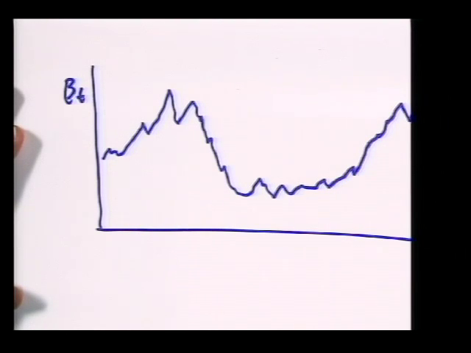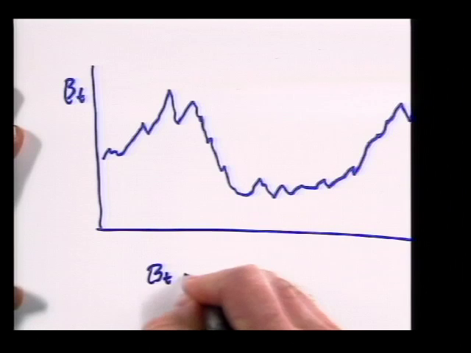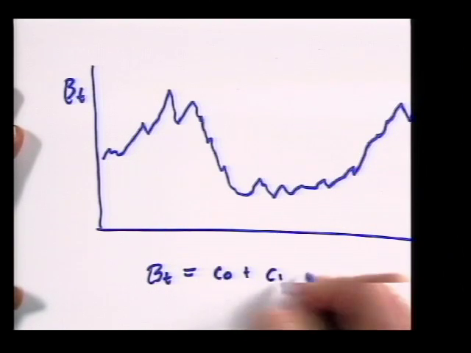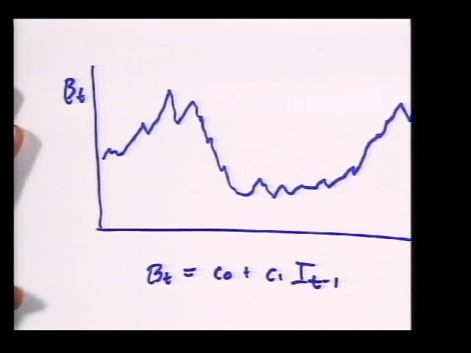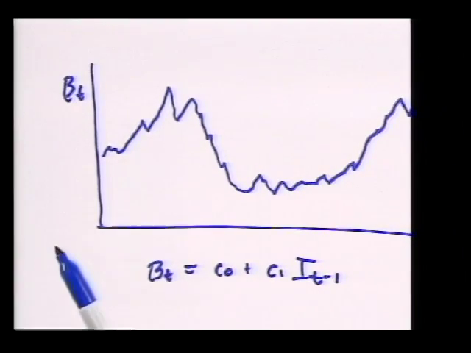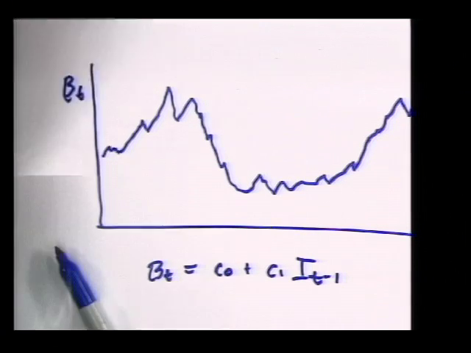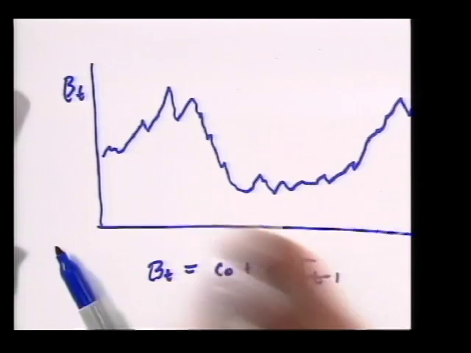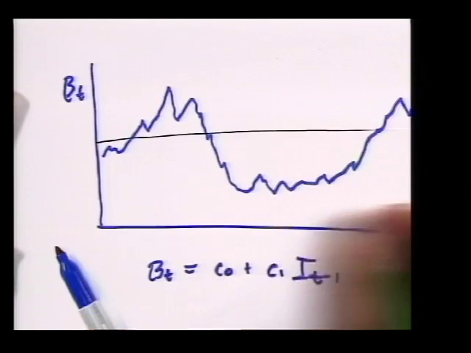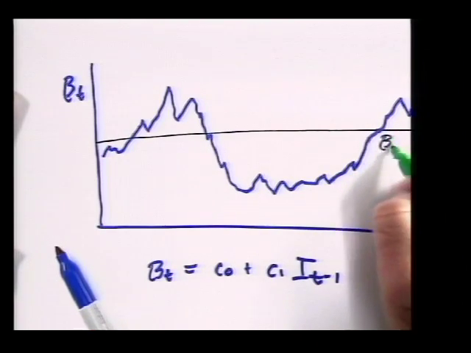Basically what we're doing is generating beta_t equals c0 plus c1 i_{t-1}. Whatever the value of i_{t-1} is, and it's changing through time, we're just getting our fitted value, and this is the beta function through time. And if we just estimated a constant beta through time, maybe it looks like this. So this is maybe the constant beta.